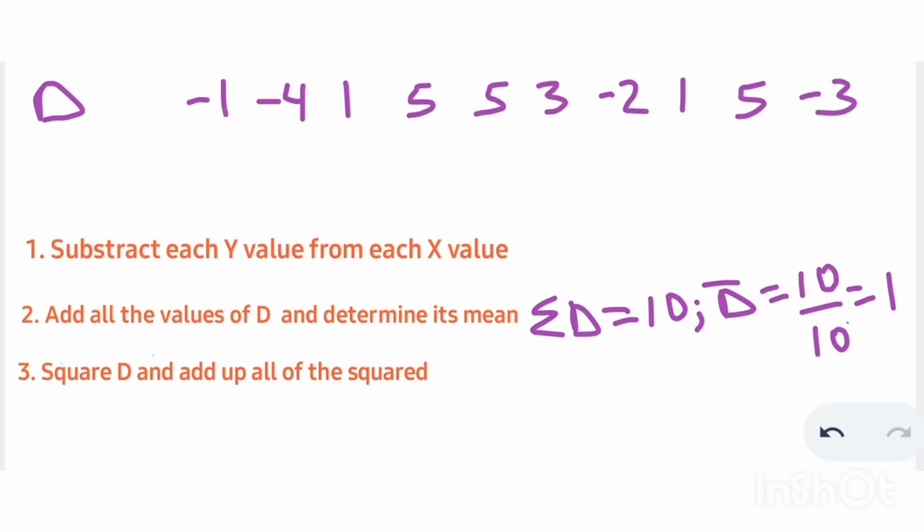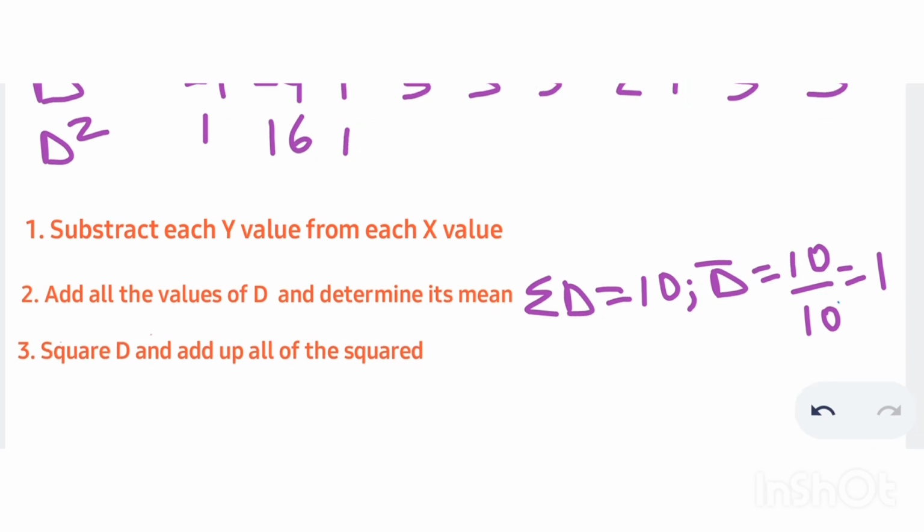This step says square D and add up all of the squares. So here we have D squared. The first one is minus 1 squared, which gives 1. Followed by minus 4 squared, which gives 16. Next, 1 squared gives 1.